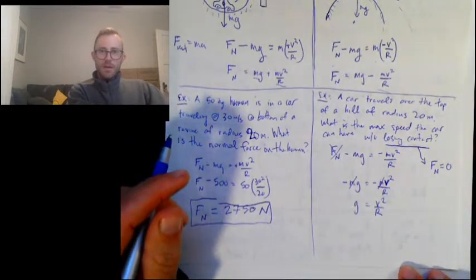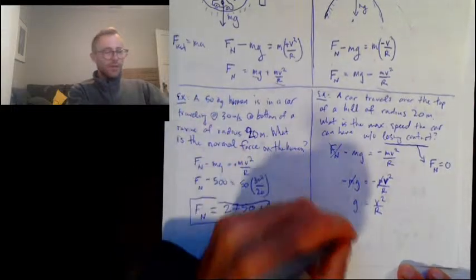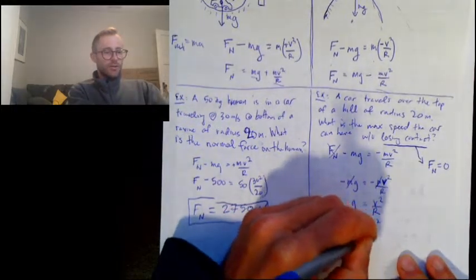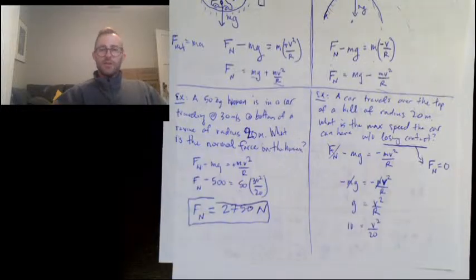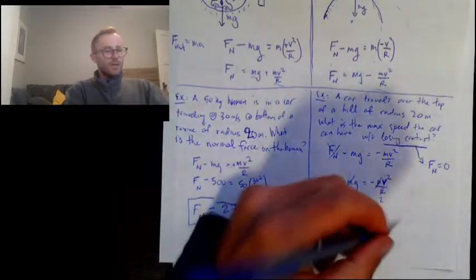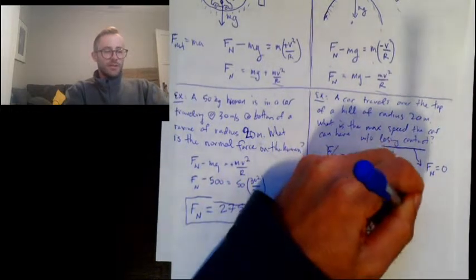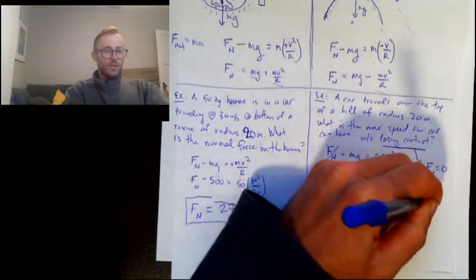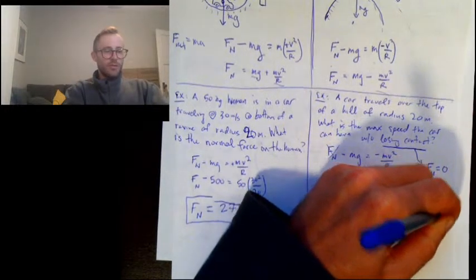Gravity is 10, the r is 20, and I can solve that very easily for the speed. It's going to be the square root of 200. So what I get is that the maximum speed is 14.1 meters per second.